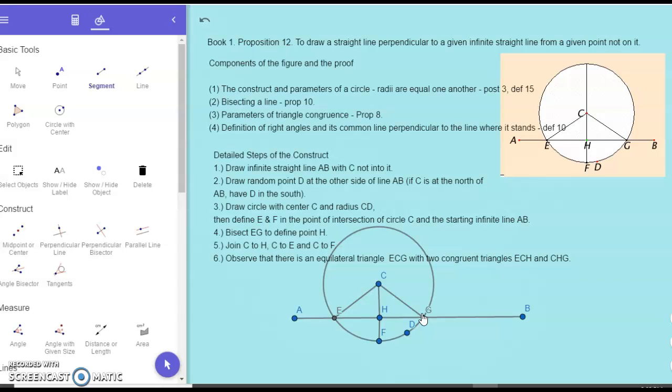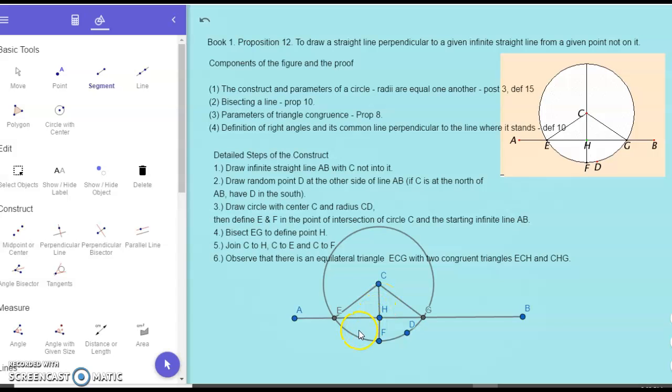The very first thing that we need to do is to identify the three pairs of equal sides to establish triangle congruence. So the first pair of equal sides would be EC and CG because these are radii of circle C. So that's one.